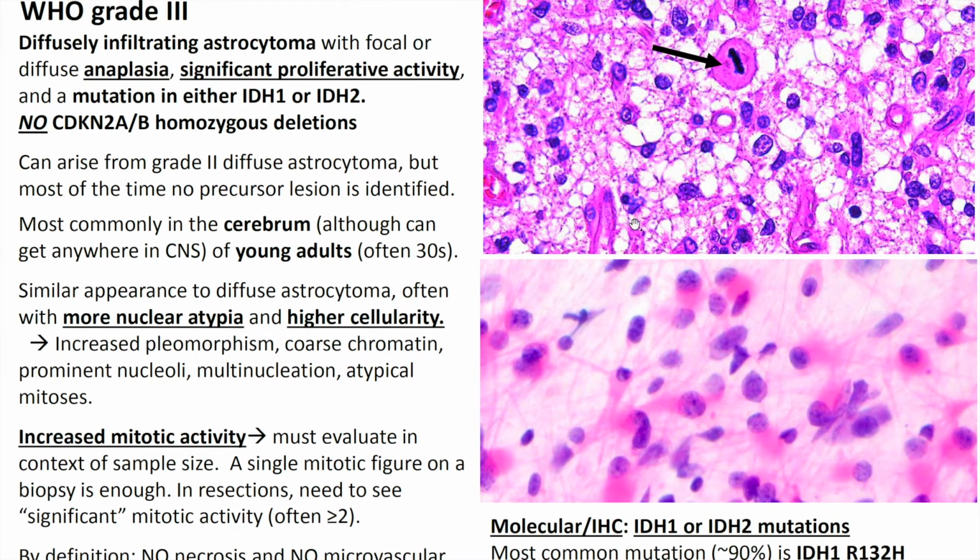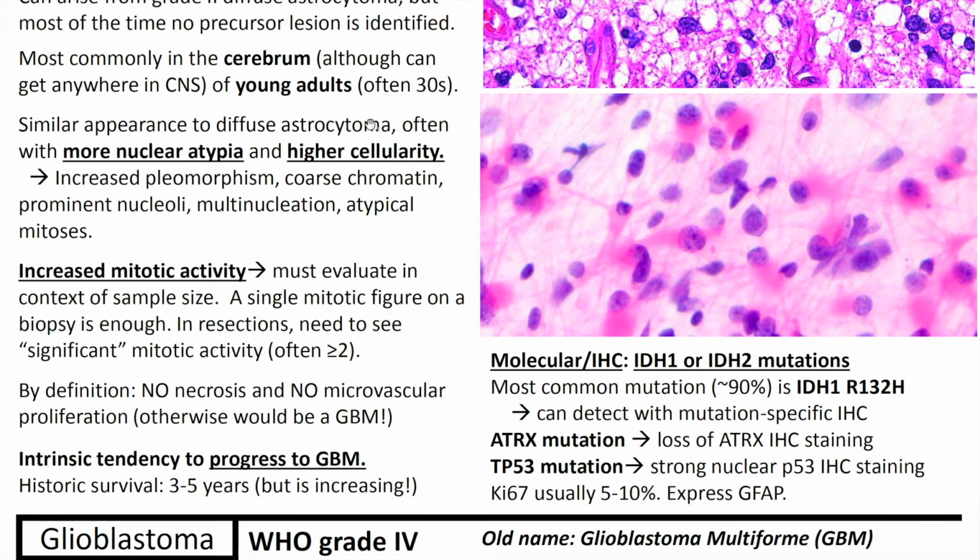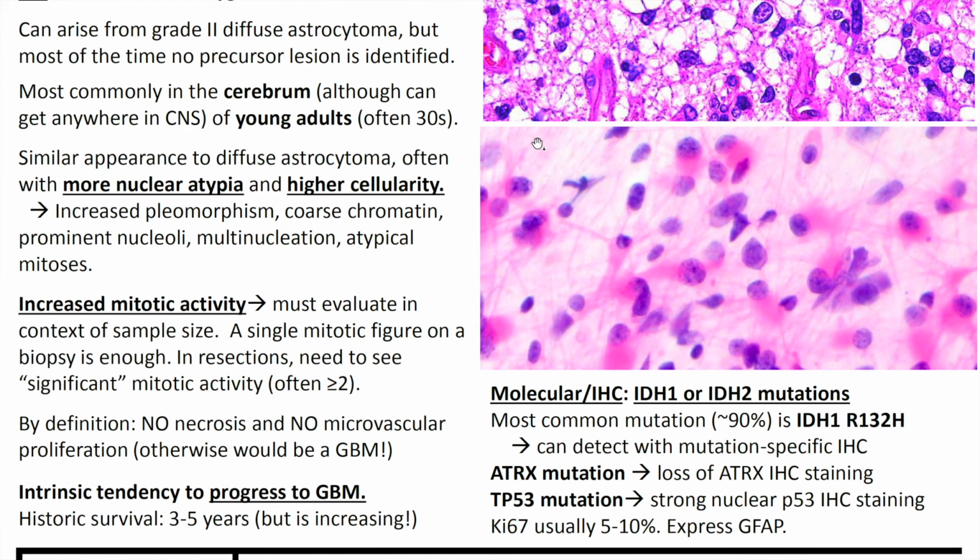So for increased mitotic activity, you must evaluate in the context of the sample size. A single mitotic figure on a biopsy is enough. In resections, you need to see significant mitotic activity, often 2 or more.